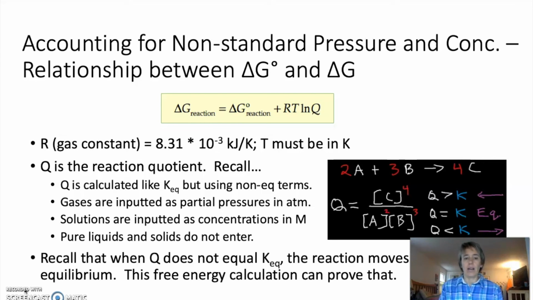Another thing you might recall from that equilibrium chapter is that we use the reaction quotient Q to predict which way the reaction is moving. If it doesn't equal K, the reaction is moving towards equilibrium. When Q is greater than K, it's moving to the left. If it's smaller than K, it's moving to the right. And if they're equal to each other, that tells us our system is at equilibrium.